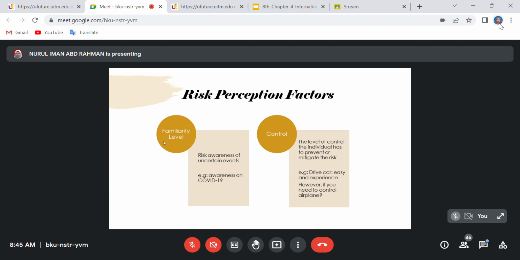When you are in control, you drive your own car, you know that if I drive fast, the risk is high, but if I drive slow, the risk is low, because you have the ability to control. While some people are afraid to get on a flight because they are afraid the flight will crash, since they are not in control, it is not they who are flying. So that is what it means by control.